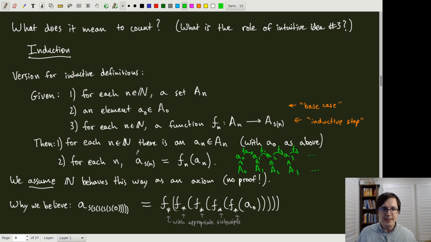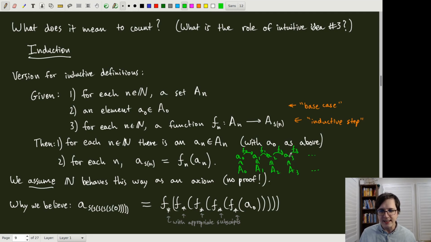So this inductive definition, it's sort of like an axiom. It's just something we assume. There's no underlying proof to it. It's just what we want the natural numbers to satisfy. And one reason that we believe that this sort of thing ought to hold is that we can imagine how we'd actually compute it, just as a procedure.